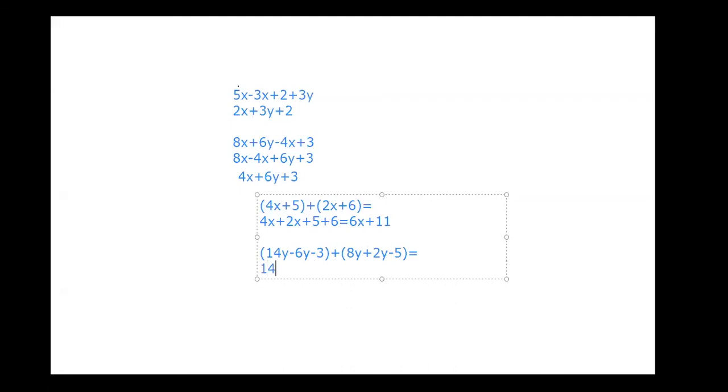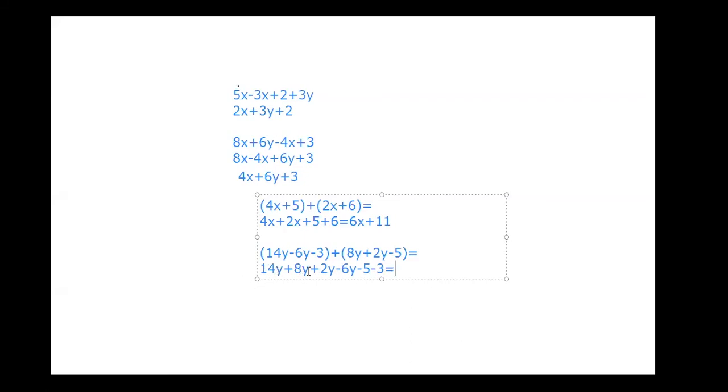We're going to go 14y, and in fact, we can take all the pluses and put them first. Plus 8y plus 2y minus 6y. And then we can go minus 5 minus 3.